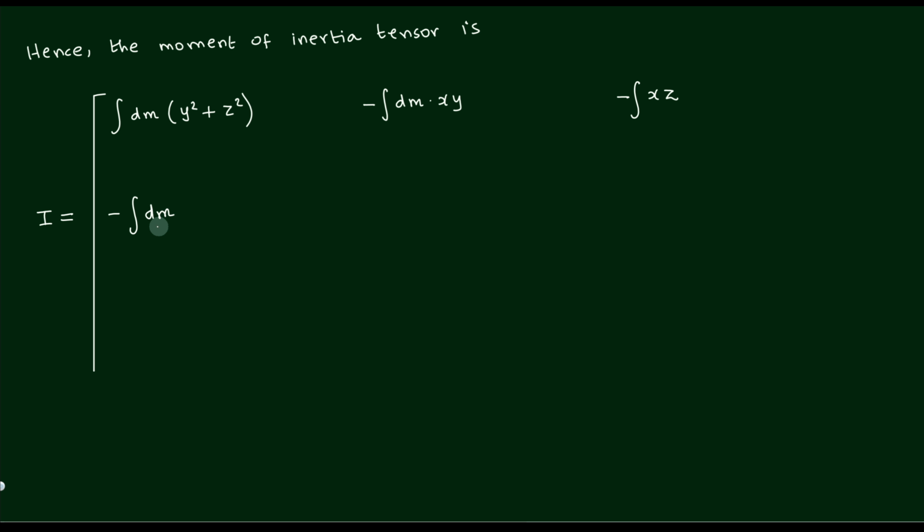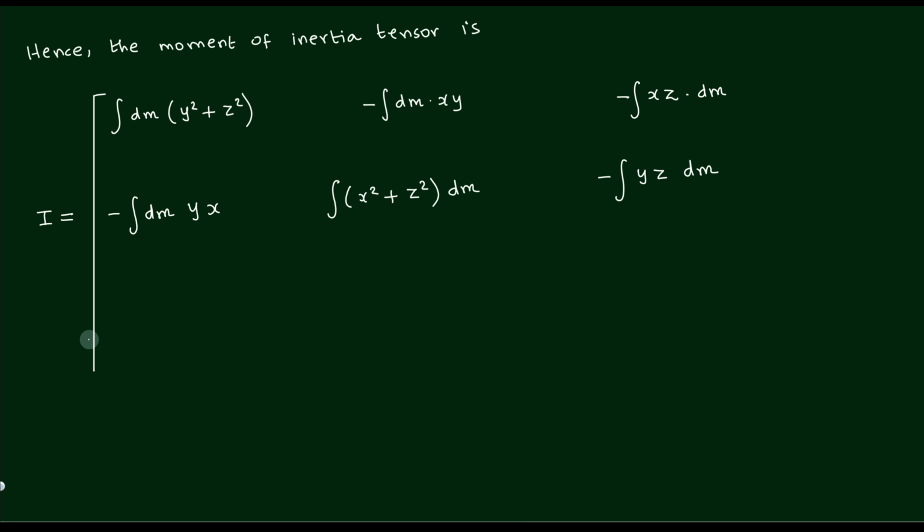Don't forget about that. Every integral should have a dm. And then here you have x square plus z square, then once again dm. So dm should be there everywhere. I think in the previous one a dm was missing, so let me write that down.